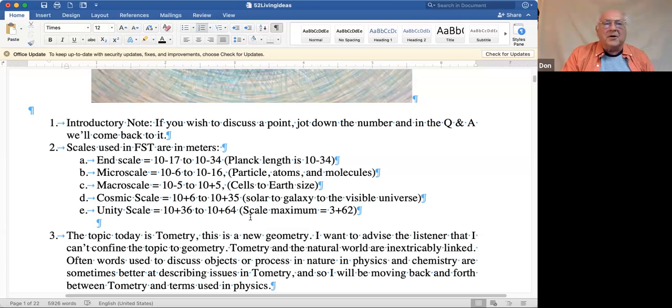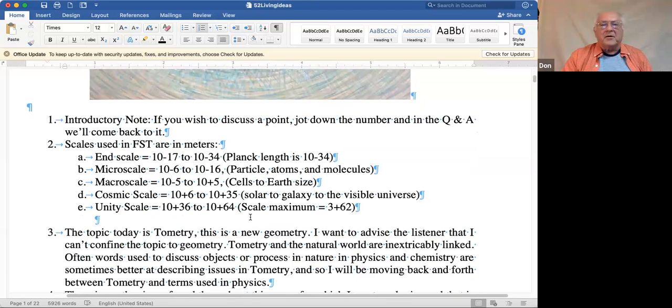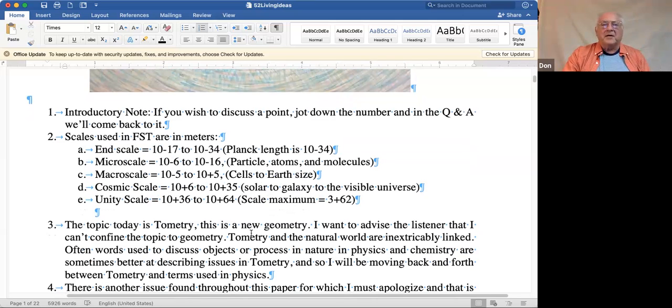Okay, so we'll start with an introductory note here that if you wish to discuss a point, jot it down and we'll do a Q&A at the end as Shrikant suggested. Also, it's important to understand the scales that I'm using to be clear, because there's ambiguity here in general.